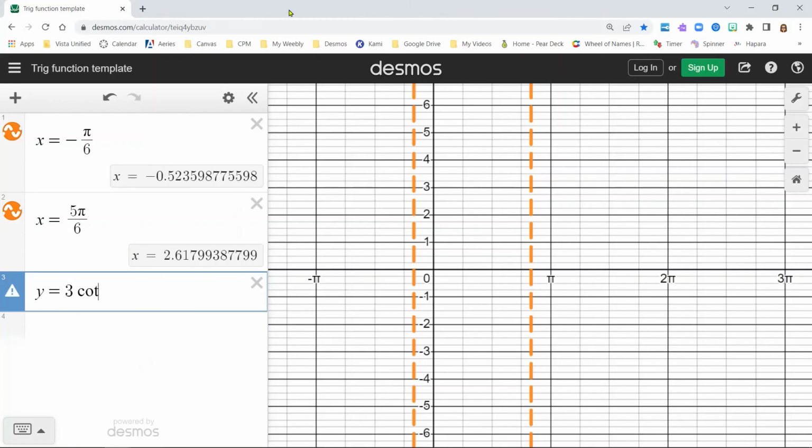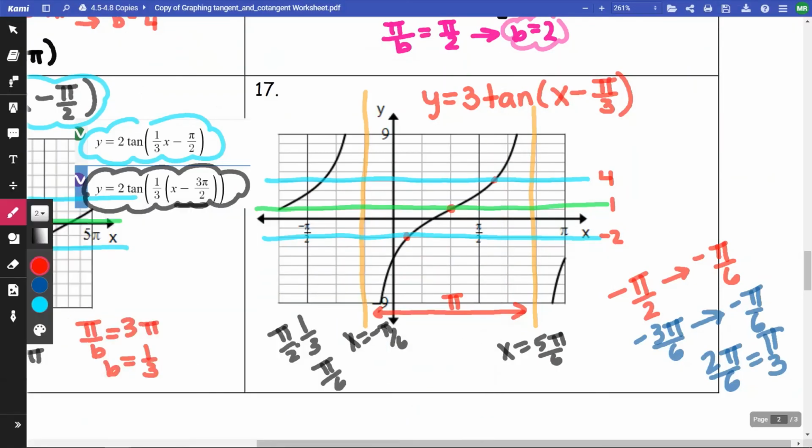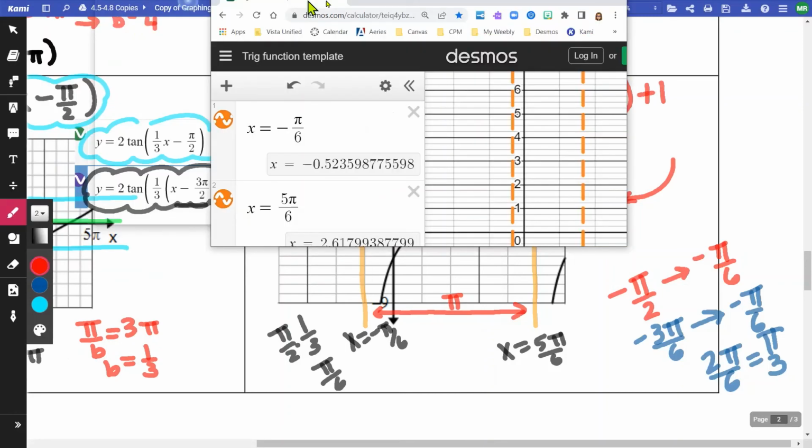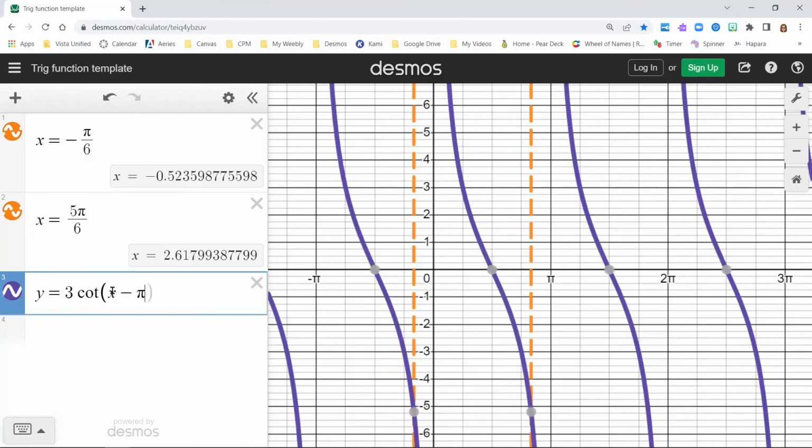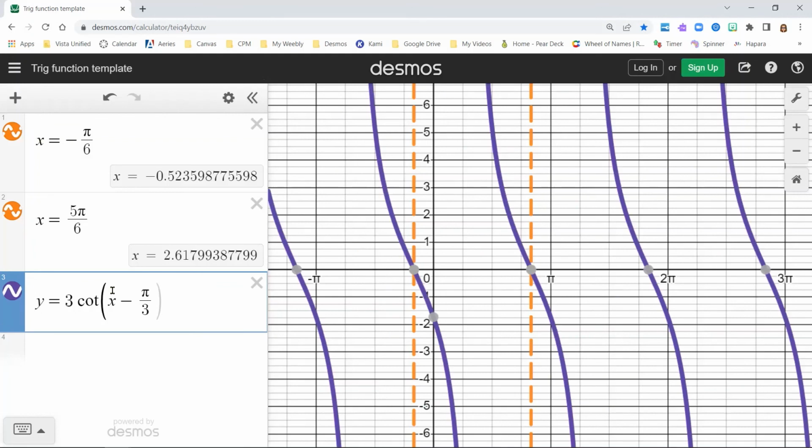Did I have a shift up or down? Oh, I did have a shift up, I forgot my shift up, because it's here at 1. So I'm going to go +1.